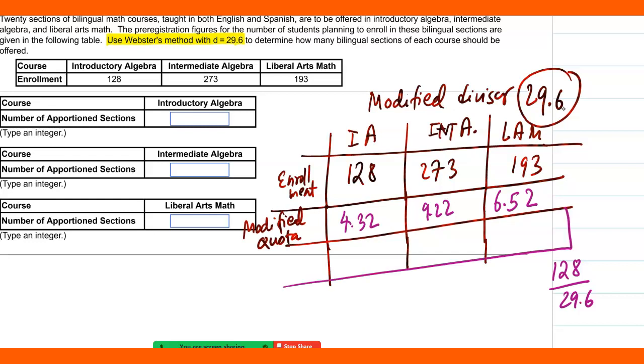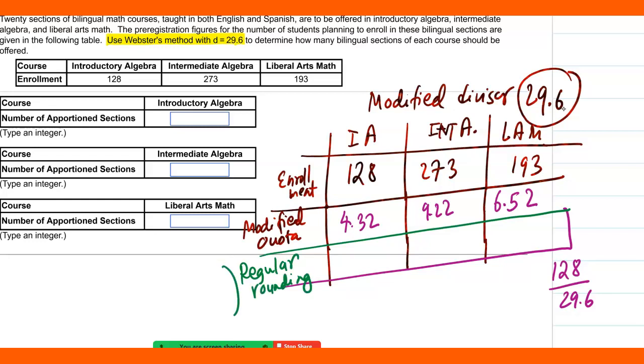Now, final is going to be the final apportion. Therefore, here you remember that in the Jefferson you round down, in the Adams you round up. Here you use regular rounding. You know what I mean by regular rounding?